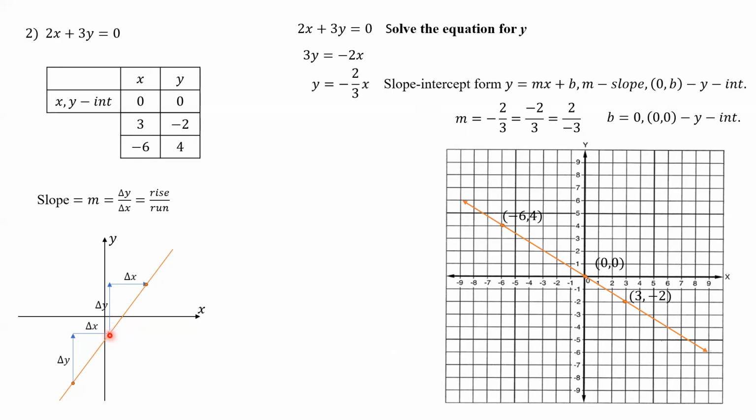And again, if I repeat the steps, moving delta y units in the vertical direction and delta x units in the horizontal direction, again I'm going to end up at a point on my line. So if I use my y-intercept as my starting point, now I can find additional points using the slope.